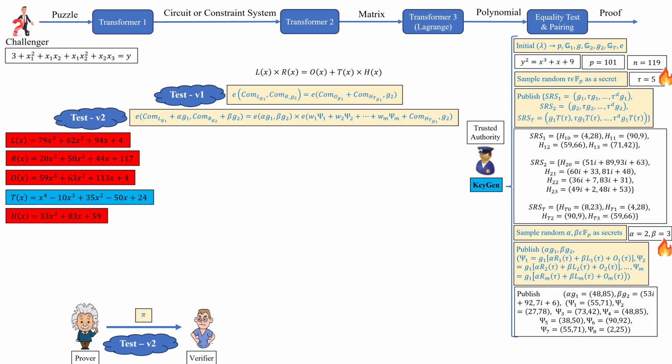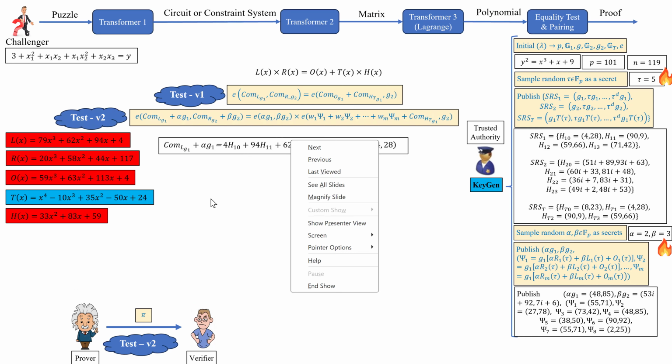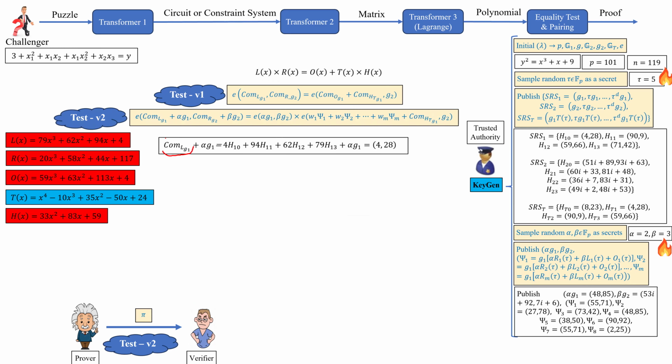Test version 2 says that the prover needs to compute commit of L plus alpha G1. Commit of L was computed in the previous lecture, right? You know that it was a point in group G1. Alpha G1 is computed by the trusted authority, and it is also an element in group G1.